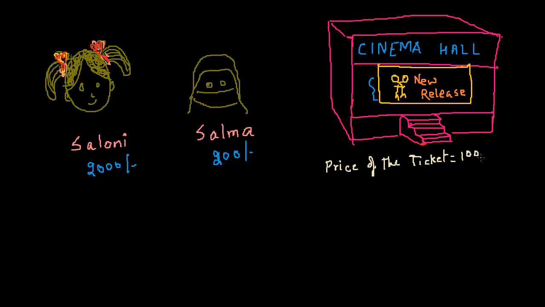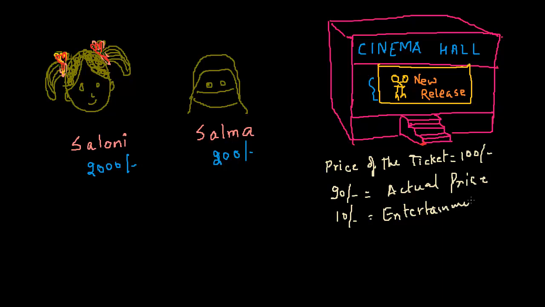Out of 100, let's say the bifurcation is 90 rupees is the actual price of the ticket, which the cinema hall will keep, and 10 rupees is the entertainment tax, which is an indirect kind of tax. So out of 100, 90 is the actual price and 10 is the entertainment tax. Now both of them are going to watch this movie. Now see what happens.